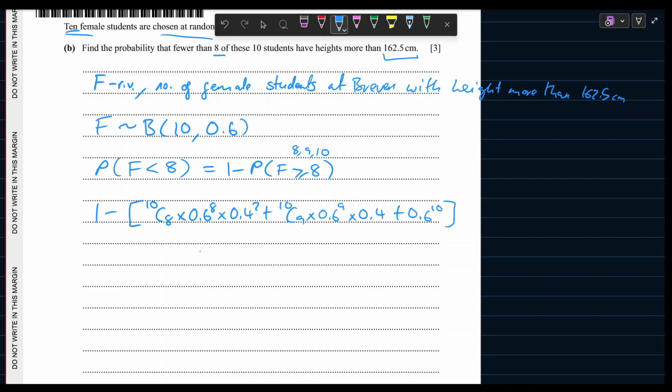That's 1 minus 10 choose 8 times 0.6 to the power 8 times 0.4 to the power 2, plus 10 choose 9 times 0.6 to the 9 times 0.4, plus 0.6 to the 10. And this gives us 0.833, and that will be our final answer.